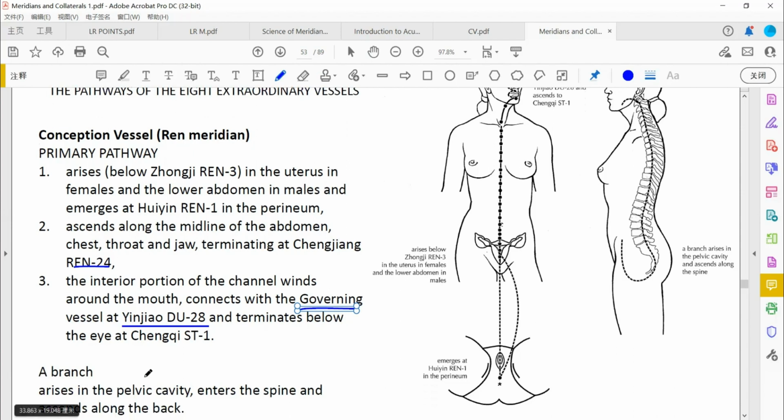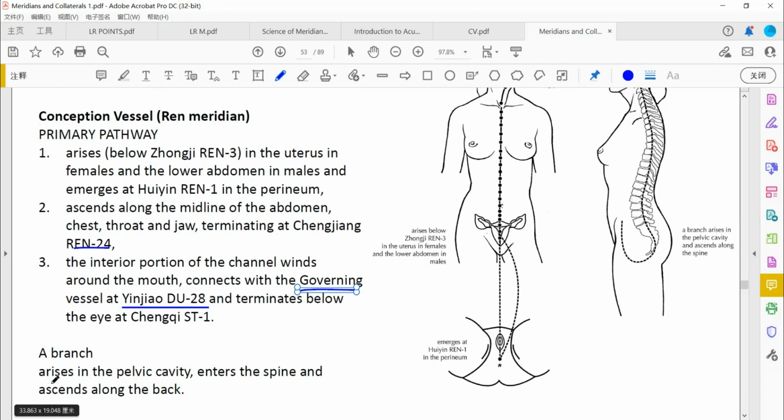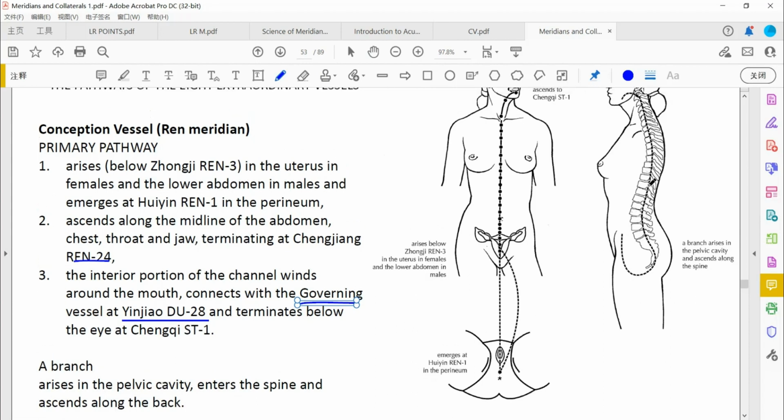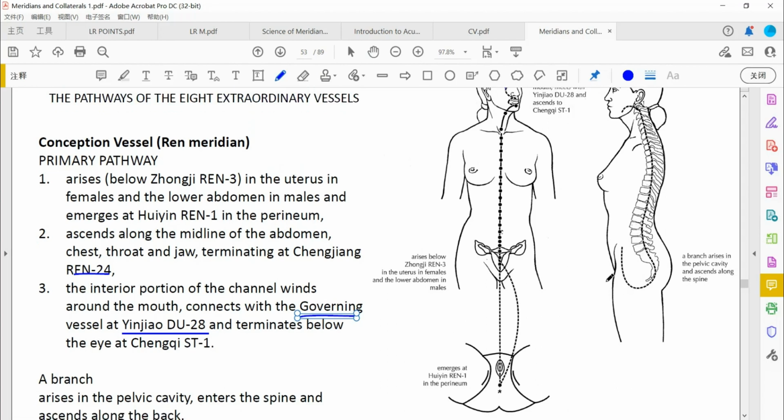And a branch arises in the pelvic cavity, enters the spine, and ascends along the back. Okay, that's a branch.